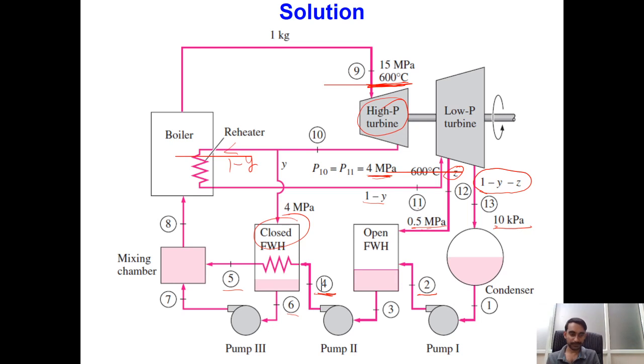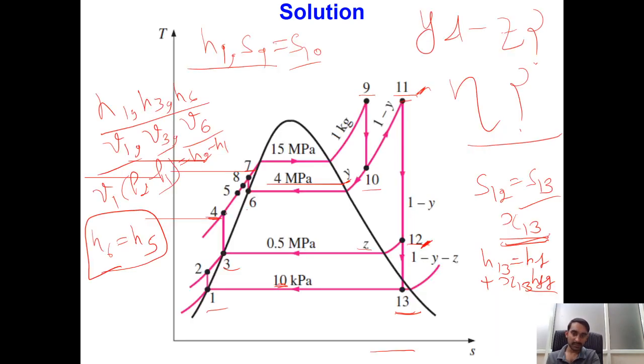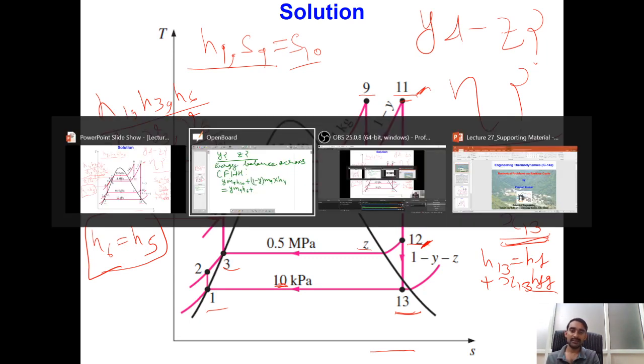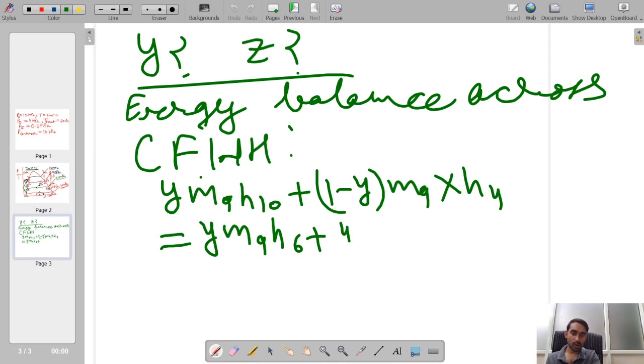This was entering at point number 4, and after exchanging heat in the closed feed water heater, its temperature has increased from point number 4 to point number 5. So I can simply write, instead of Y, 1 minus Y into M9 into enthalpy at point number 5.